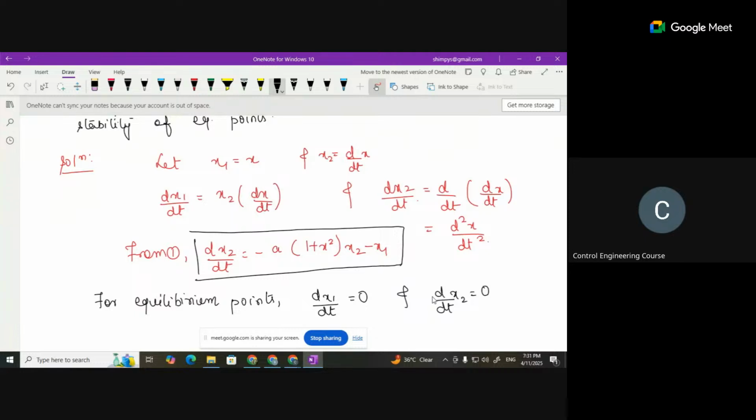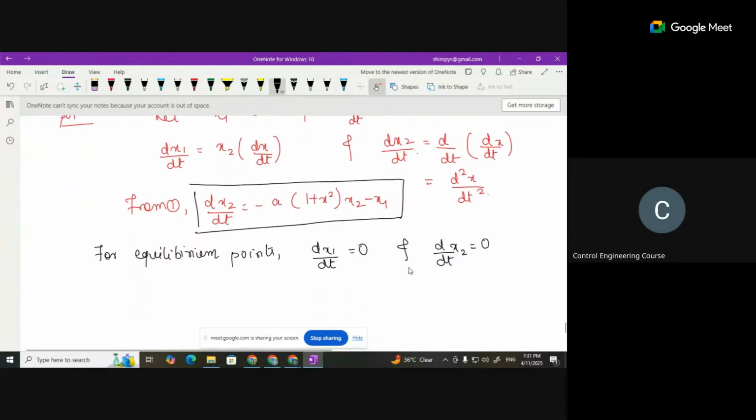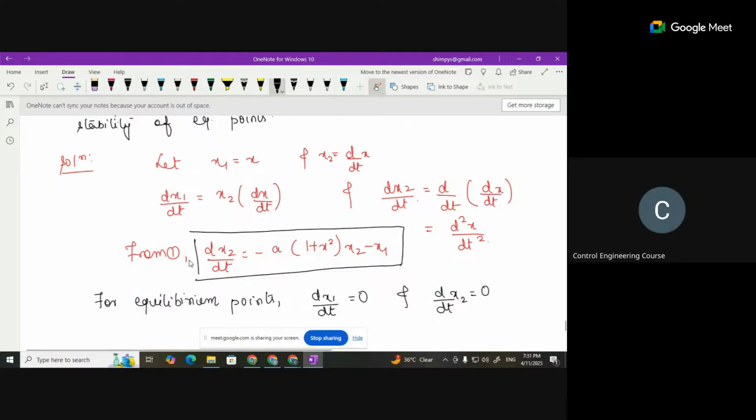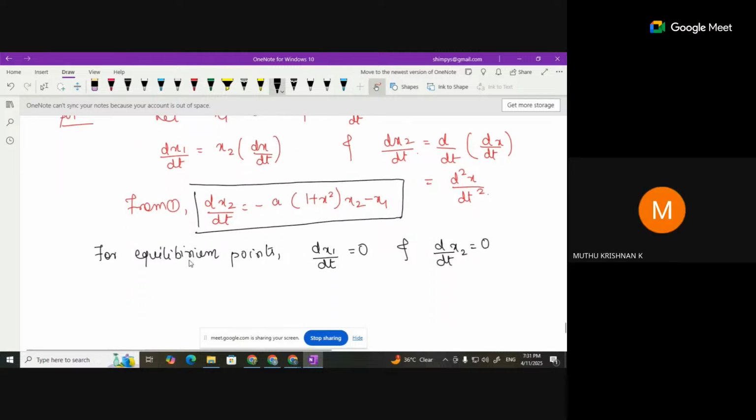Now tell me, if I set both the values as 0, what will my equilibrium point be? Just have a look and tell me. x equals 0.